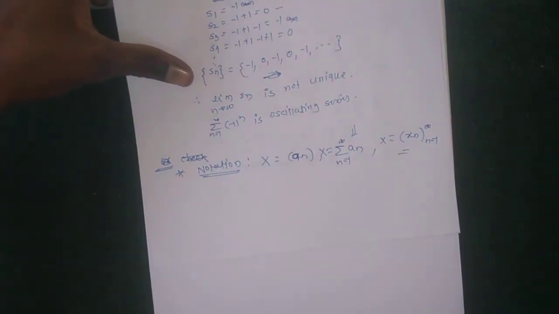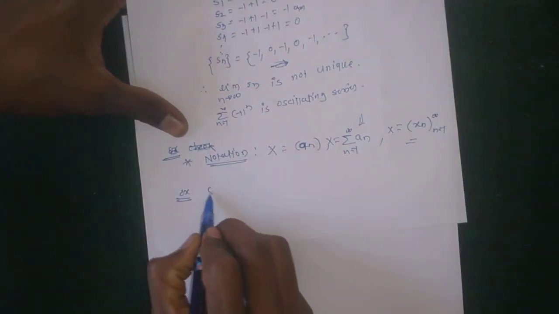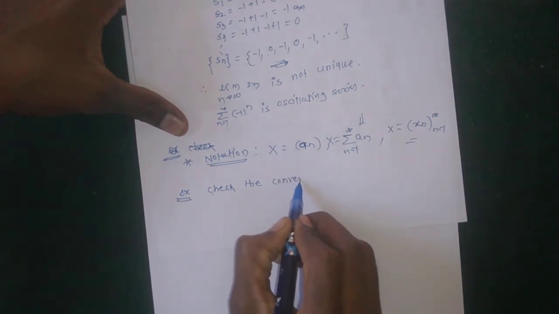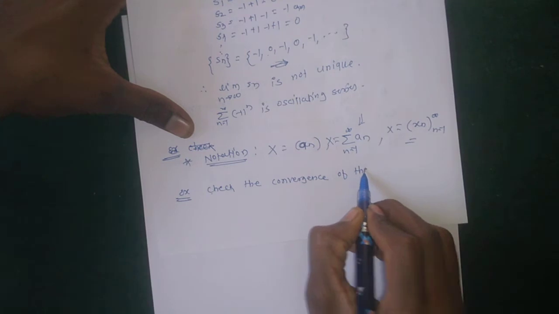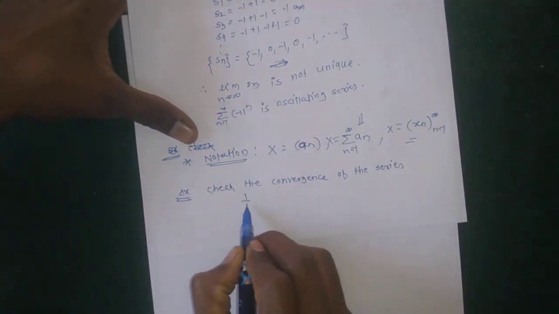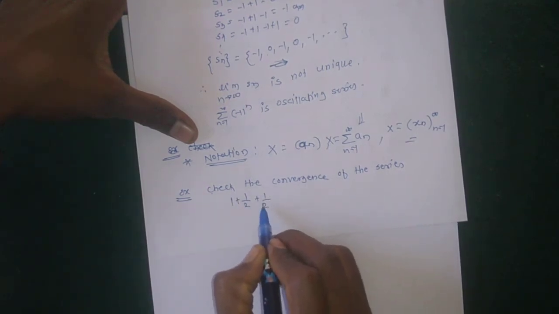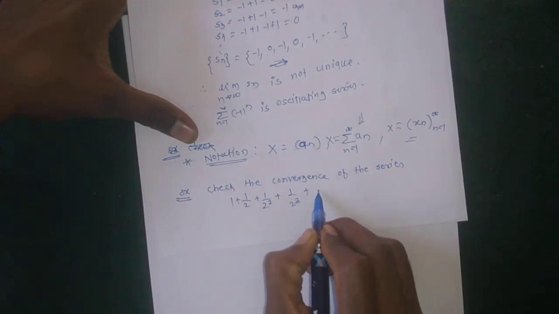Next example: check the convergence of the series. The series is given as 1 plus 1 by 2 plus 1 upon 2 square plus 1 upon 2 cube plus, and so on.